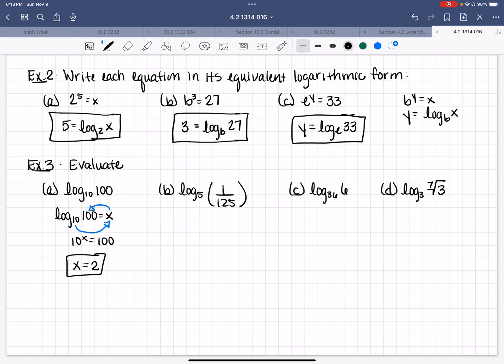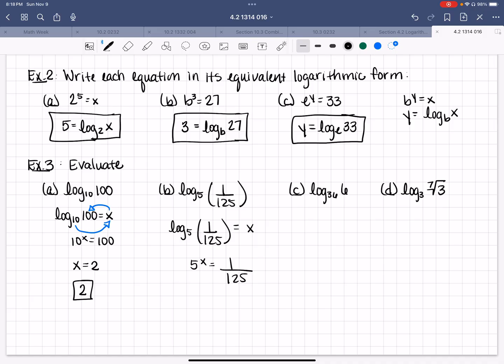You won't actually put in x equals 2 in your homework. You'll just type 2 in. Okay, on B, we have log base 5 of 1 over 125, where we want to know what that actually equals. So what I really have here is 5 to the x equals 1 over 125.